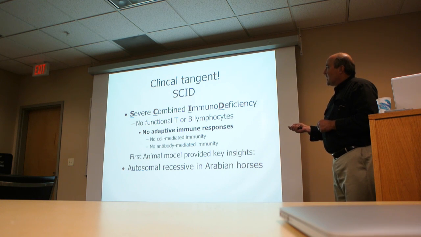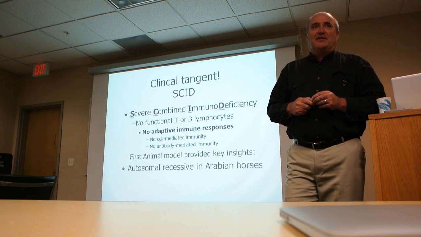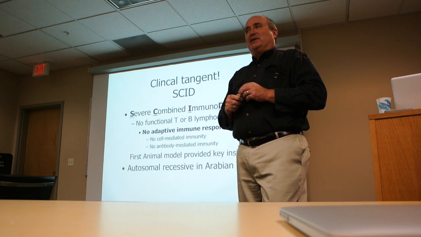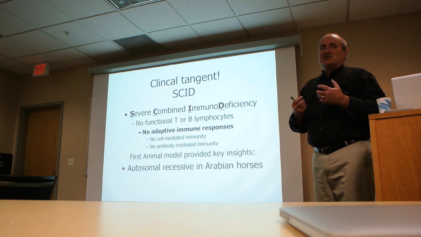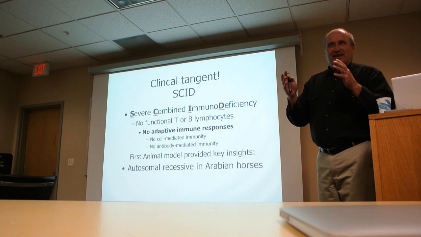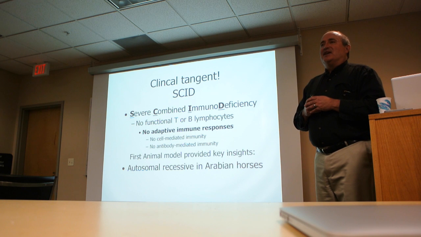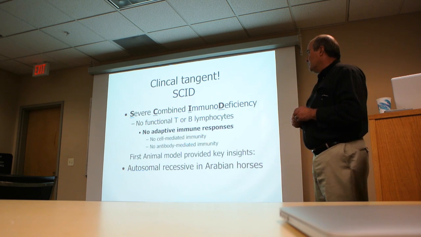SCID is an acronym for Severe Combined Immunodeficiency. This is where your patient, be it an animal or a human, is lacking, in most instances, complete B and T responses. When I say most, not necessarily all. You can have a SCID phenotype and still have a little antibody being made.